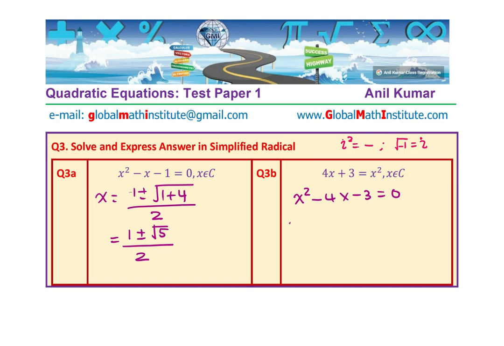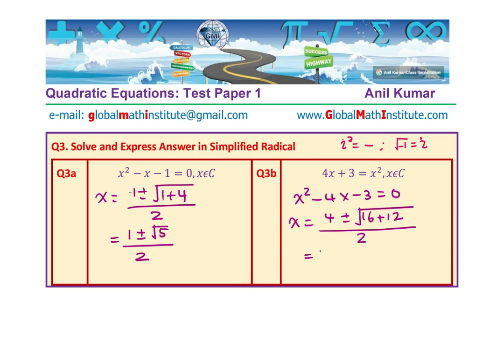So it will be x equals minus b, which is 4. And then we have plus minus square root of 4 squared, which is 16, minus 4ac, which is 12, because minus 3 times 4. Divide by 2.